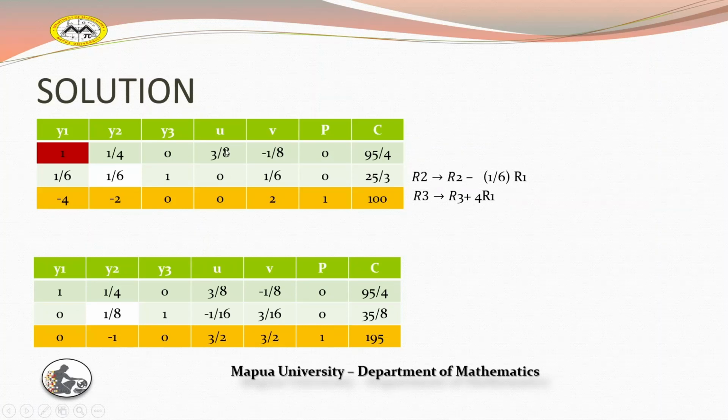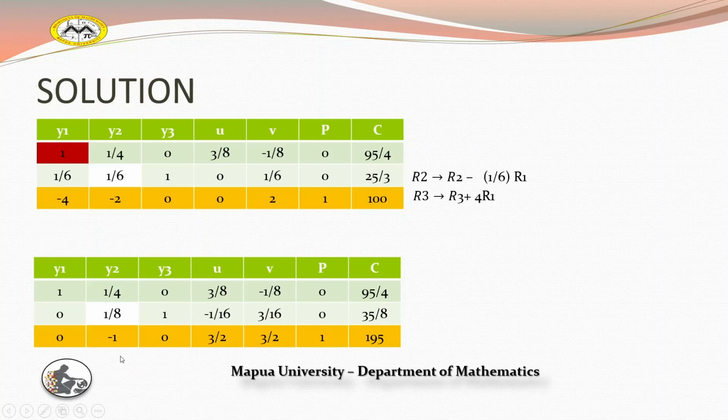So 0 plus 3 halves, the answer is 3 halves. 2 minus 1 half, so the answer is 3 halves. 0 plus 0, the answer is 1. 100 plus 4 times 95 over 4, and that is 95. So then 100 plus 95 is 195.